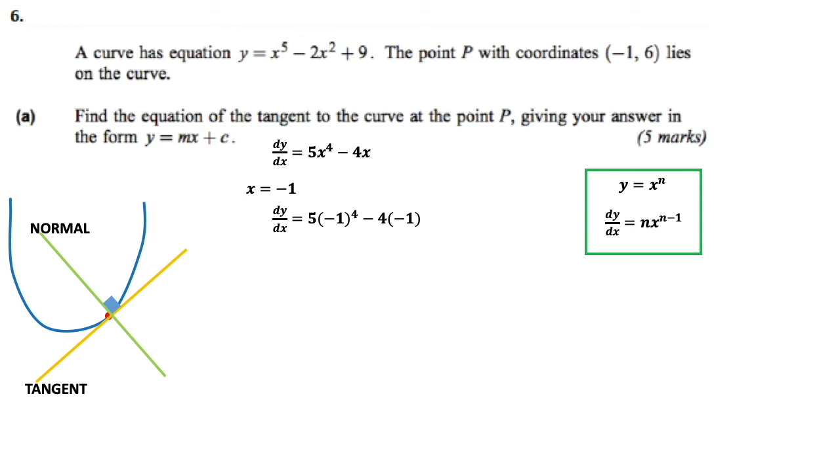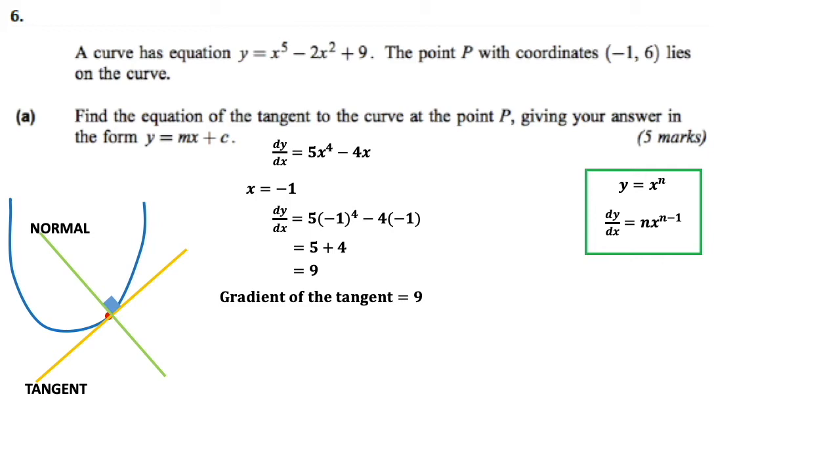So we have 5 times (-1) to the power of 4, minus 4 times (-1). And that gives us 9. If that's the value of the differentiation when x is equal to minus 1, that means that 9 is the gradient of the curve when x is minus 1, which therefore follows that the gradient of the tangent when x is minus 1 is 9.